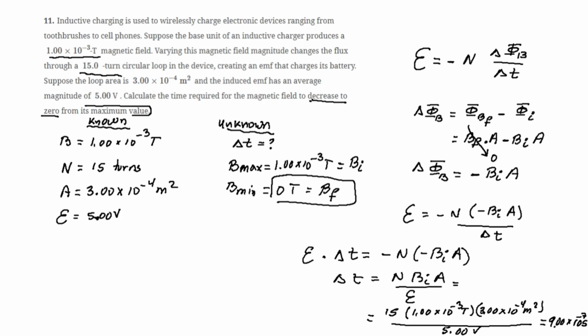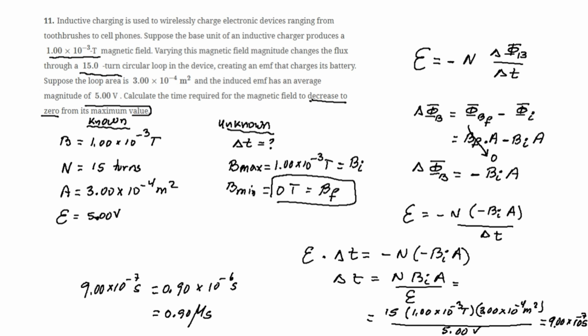Now, 9.00 times 10 to the negative 7 seconds is the same as 0.90 times 10 to the negative 6 seconds, and 10 to the negative 6 is micro, so it's 0.90 microseconds.